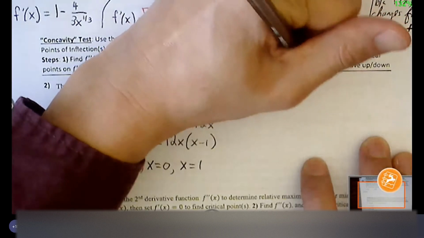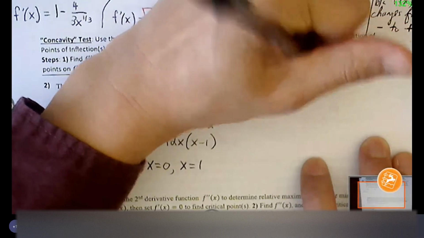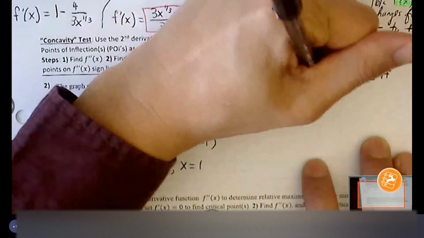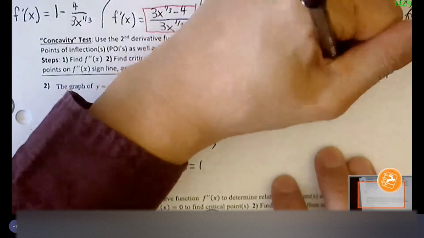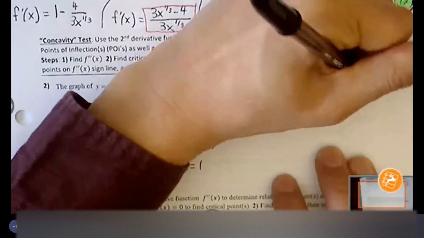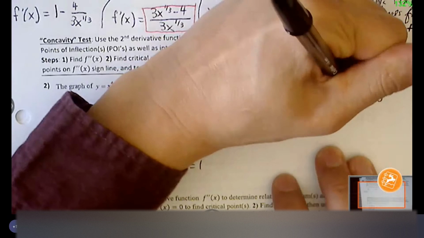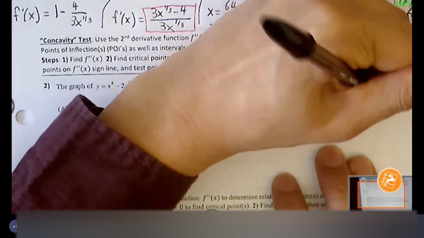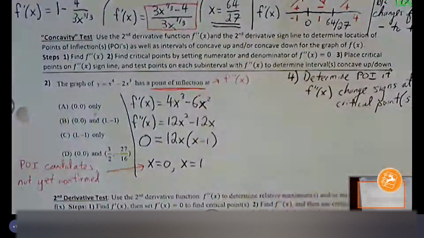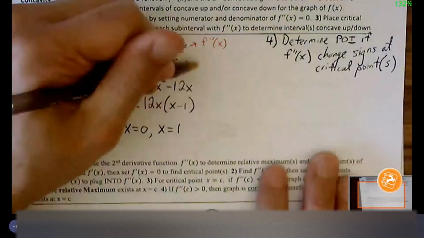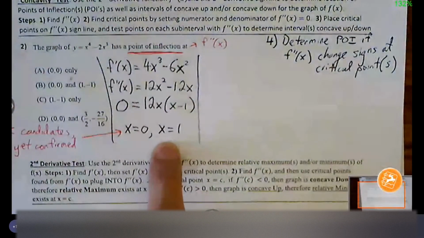So we're going to determine and find our points of inflection by looking to see if f double prime changes signs at these critical points. So we have to go through our sign line now.